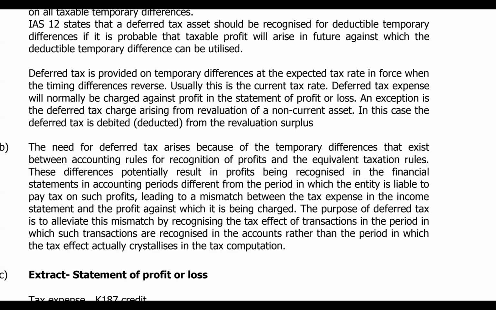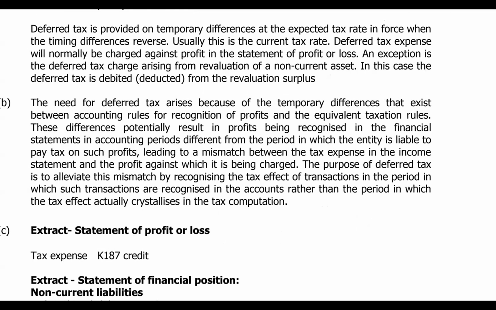There are taxation rules, and there are accounting standards on how we recognize profits, so there will be those differences. These differences potentially result in profits being recognized in the financial statements in accounting periods different from the period in which the entity is actually liable to pay tax on such profits.